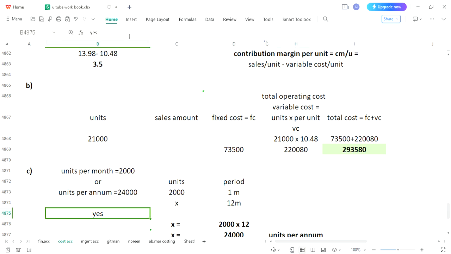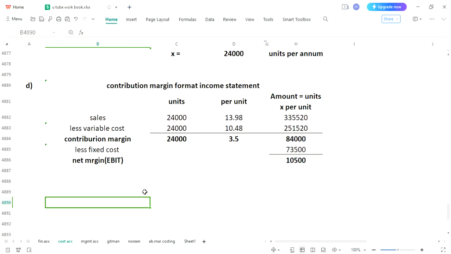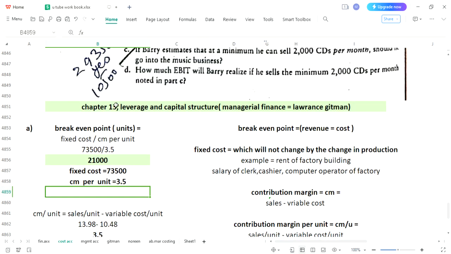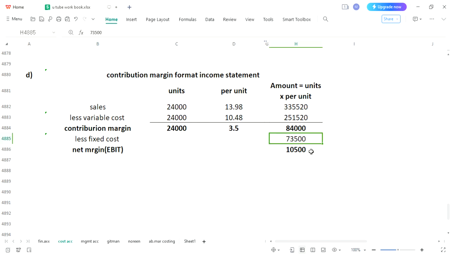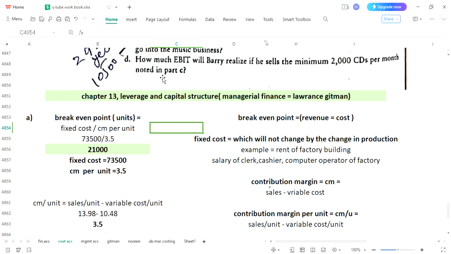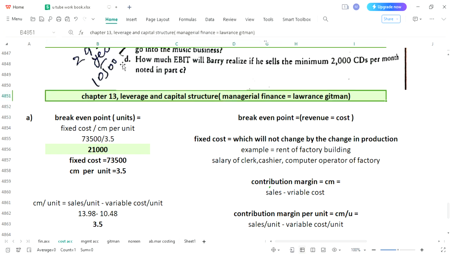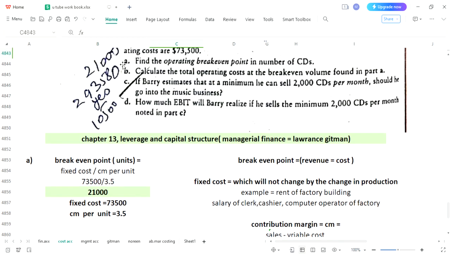And please, it's a request, just repeat the reason why we were saying yes. And then you had your D part where you got your answer 10,500, earnings before interest and tax, also called net margin. The answer is matched. So all 4 answers are reviewed and matched.